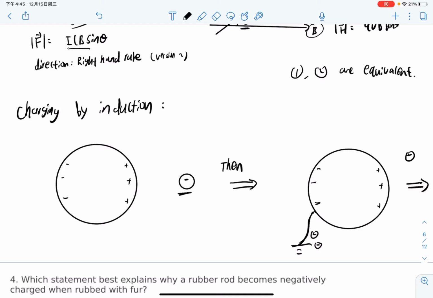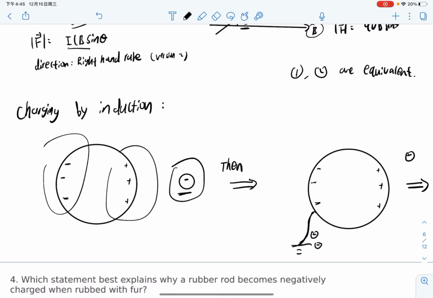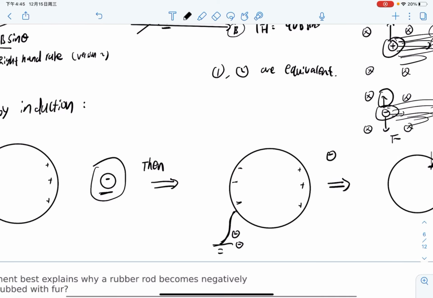So when you put the negative charge particle over here, it will just repel the negative charge electrons. And this will result in this side becoming positive and this side negative. And when you connect the metal to the ground, the electrons are now free to move. They can be repelled further and go down to the ground.